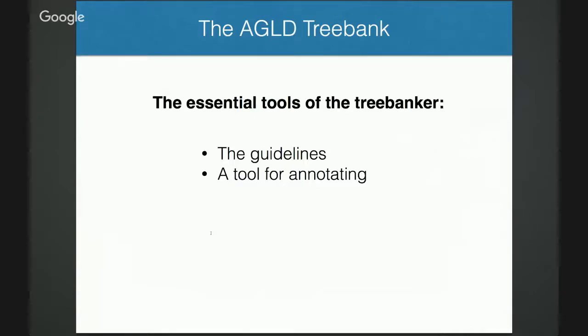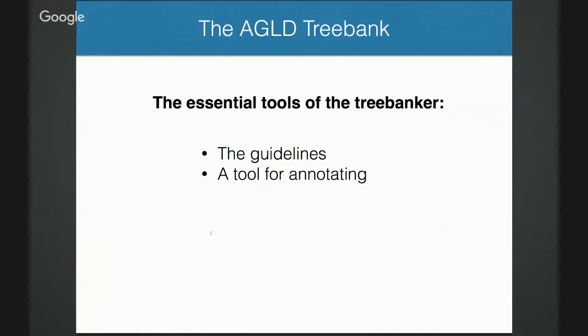This is extremely important because even if tree banking is partly intuitive, because for some phenomena you can clearly understand how to build a tree without actually reading the guidelines, still there are a lot of technicalities, and sometimes we simply need to take a position, to make a choice, and this is why we write guidelines.